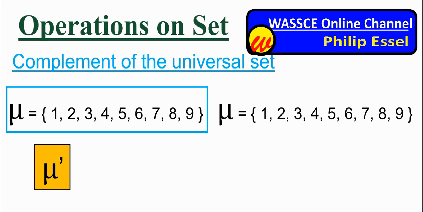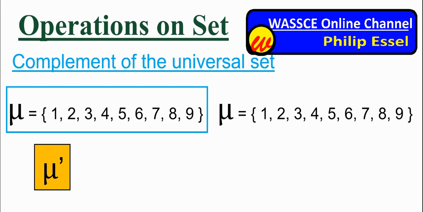To do this, we would have to go to the second universal set and cancel out all the members in the second universal set that are also in the first universal set. So let's quickly do this.